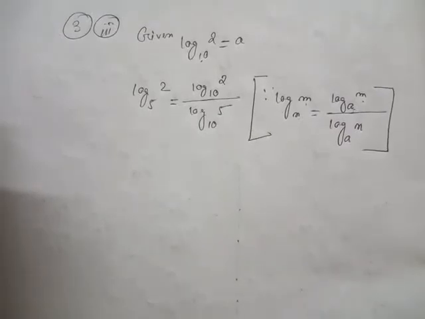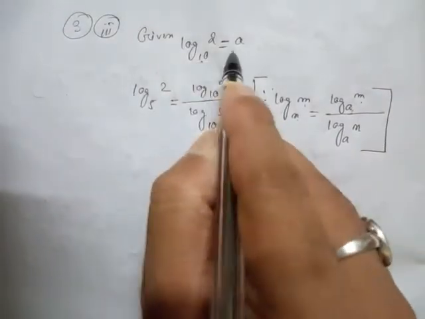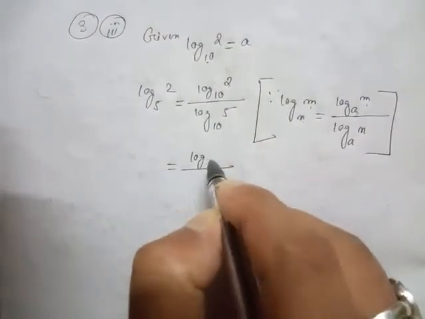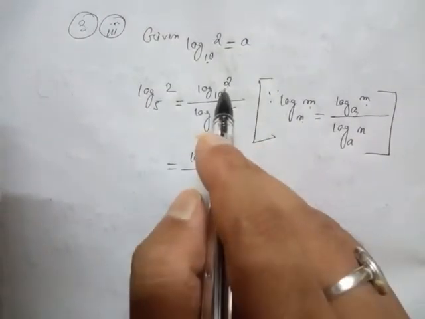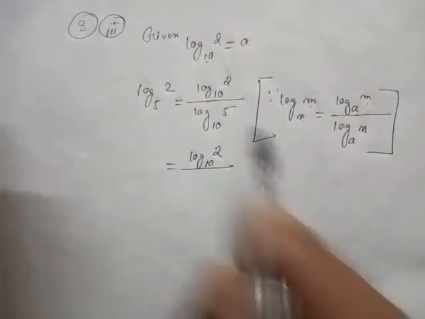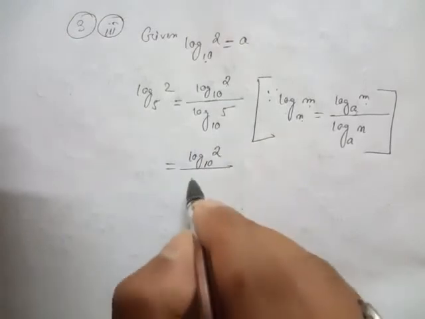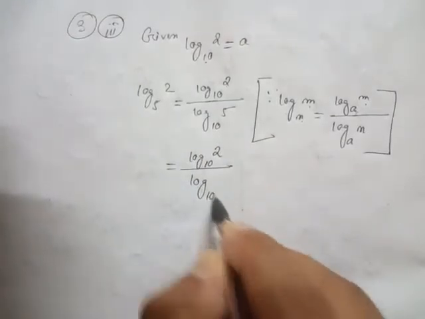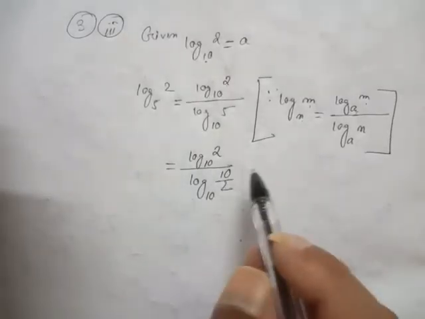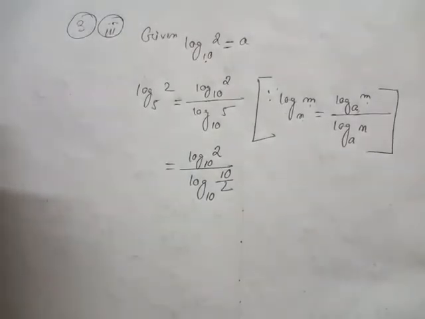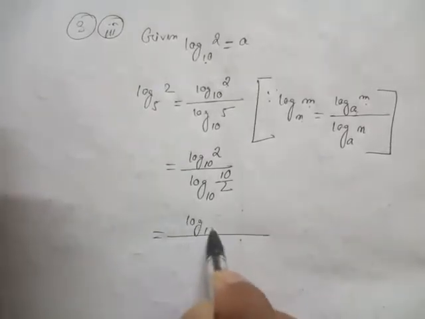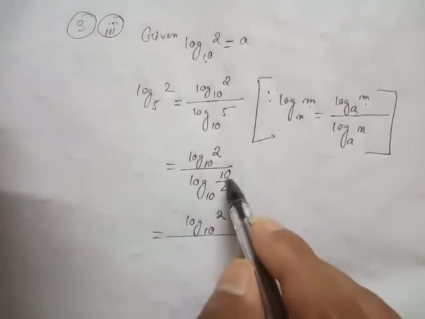Now look, this value equals a, so in place of log base 10 of 2 I can write a only. But here I need some changes because log 5 is there. 5 can be written as 10 by 2, because if I cancel, then 5 will remain. The numerator remains the same, log base 10 of 2, and the denominator is log of m by n.